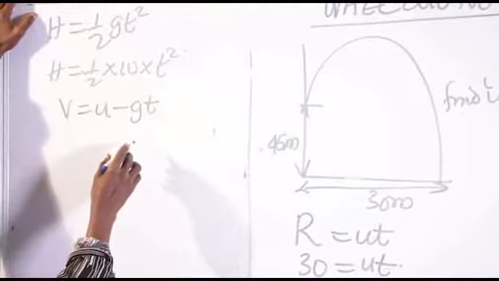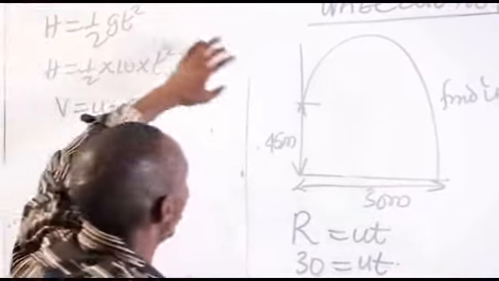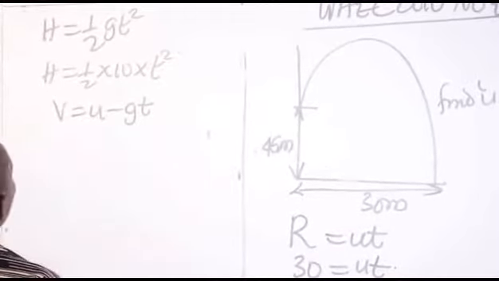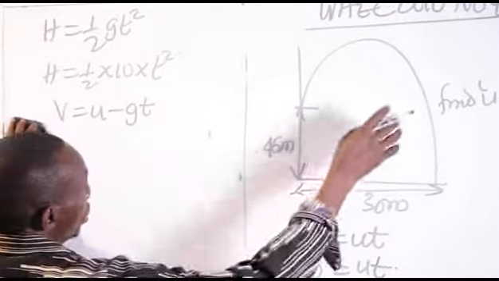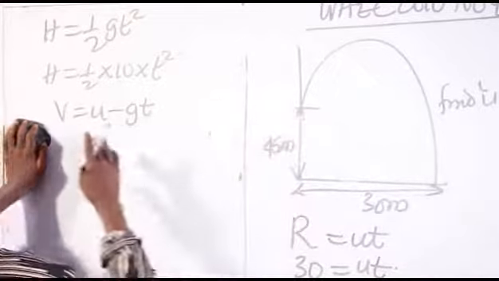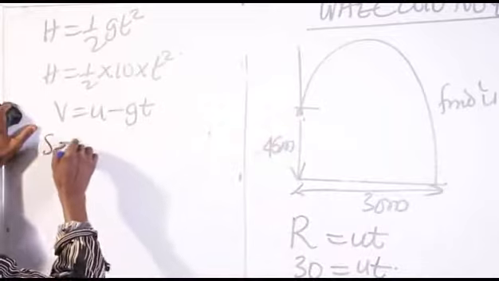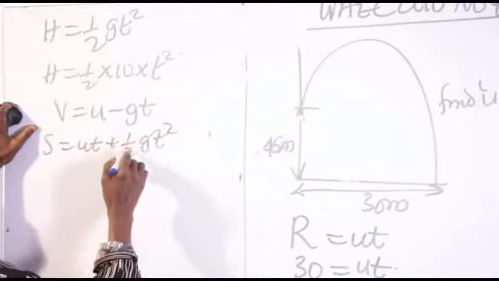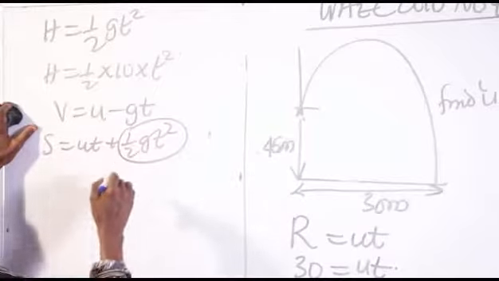We are given the height, we don't know time, we are given range. Remember your formula again, s equals ut plus half gt squared.